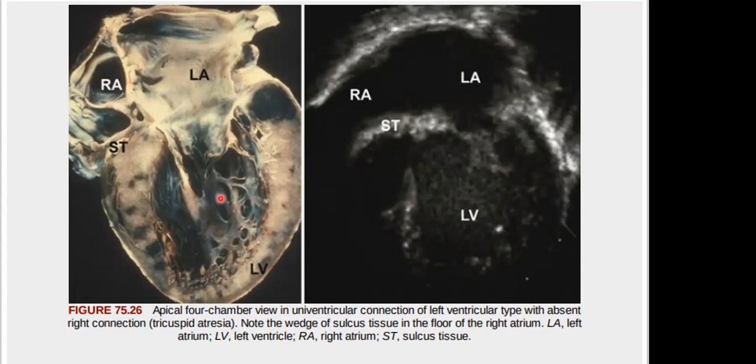Blood then goes from the left ventricle down into the right ventricle and then finds its way into the pulmonary artery. And then it goes back again into the left atrium and then into the left ventricle and gets back into systemic circulation. So there's just a mixture of blood, which would affect the oxygenated blood getting into the systemic circulation.